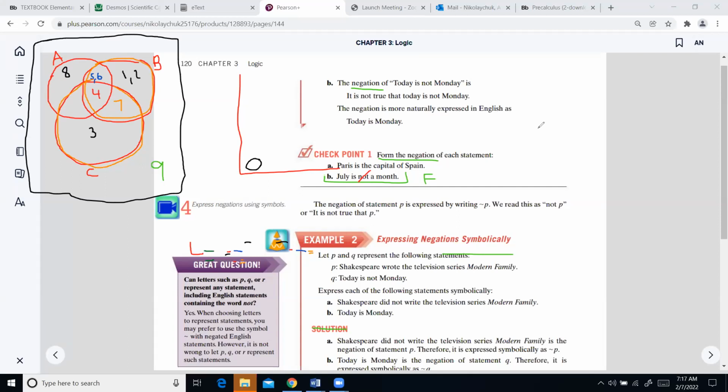So notice that statements have a very interesting structure. They are either true or false, and if you negate them, again you get either true or false as a result. So to negate something, you need to either put not in it or get rid of the not, like I just did here.